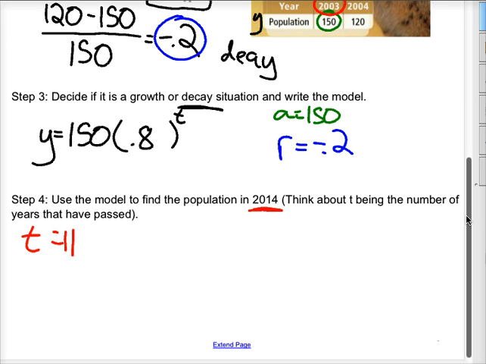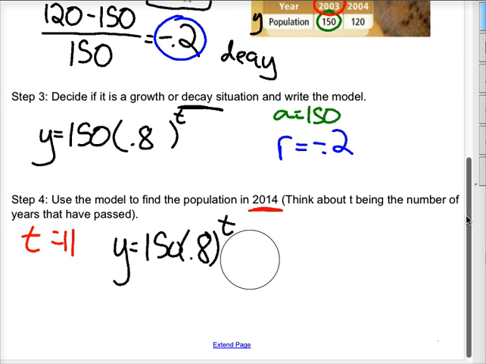So I need to plug 11 into my equation. Oh, I'm sorry, I didn't even put the 11 there like I was supposed to. We have to put 11 into the equation.